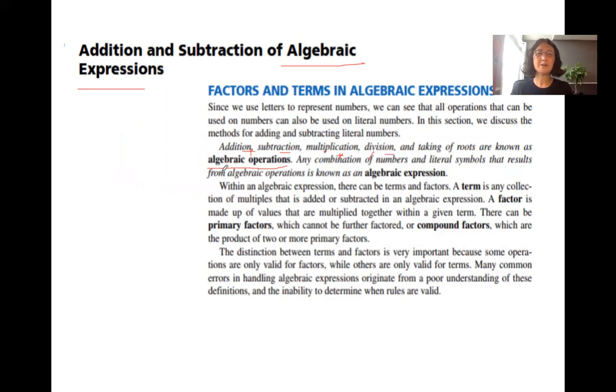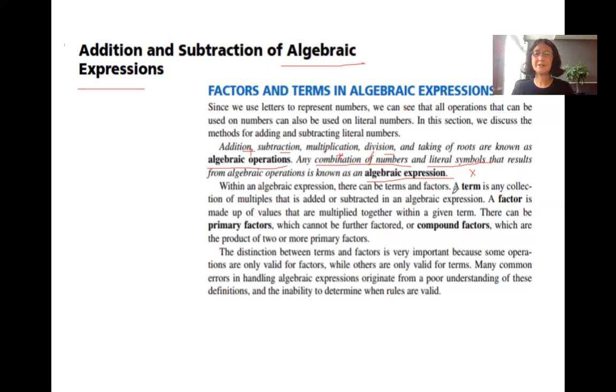So those are algebraic operations. And algebraic expressions are any combination of numbers and literal symbols like x, y, z, or a, b, c that result from algebraic operations.